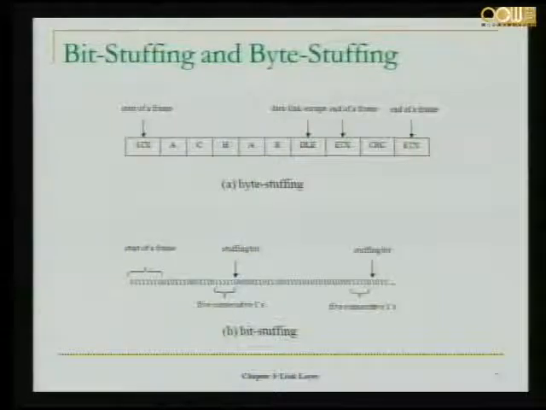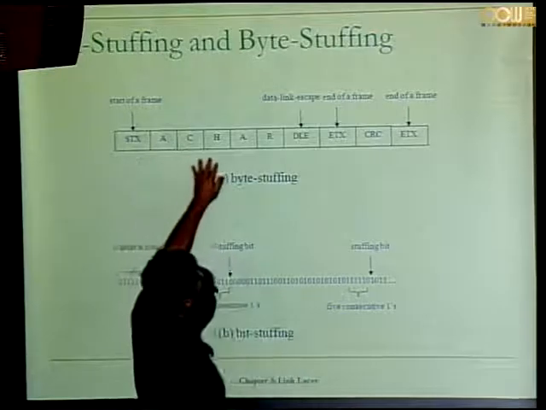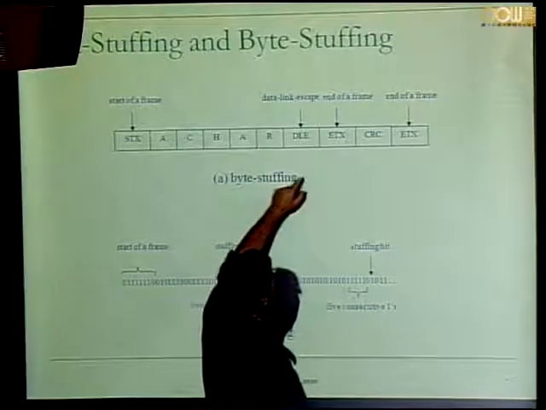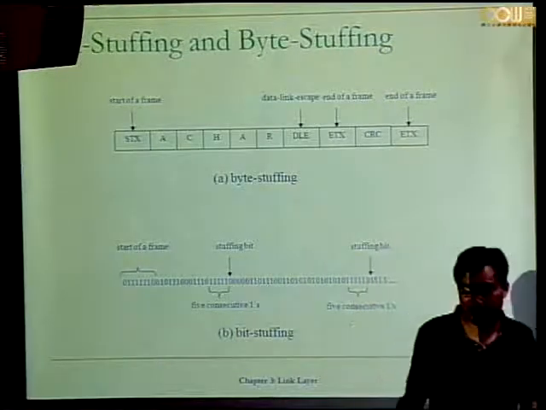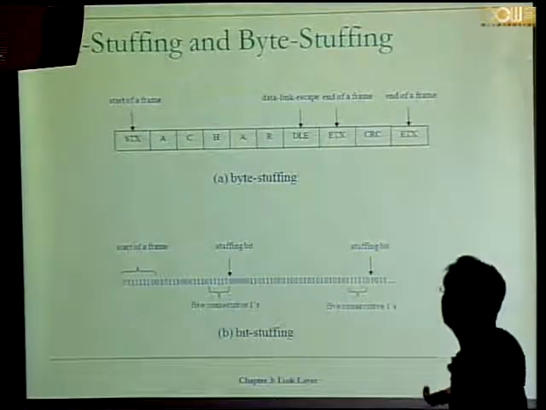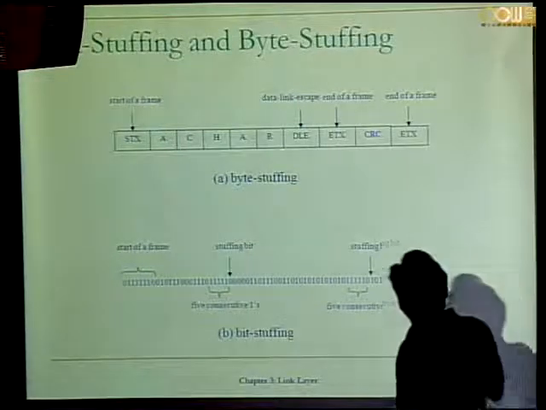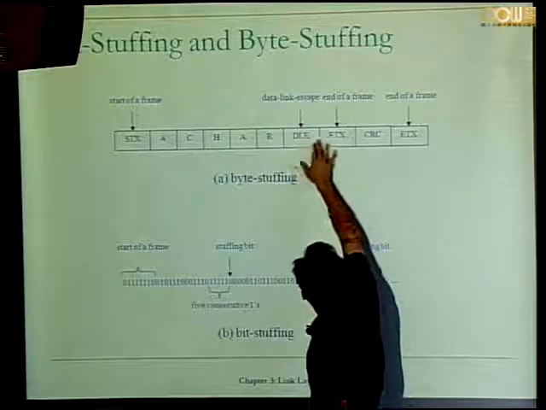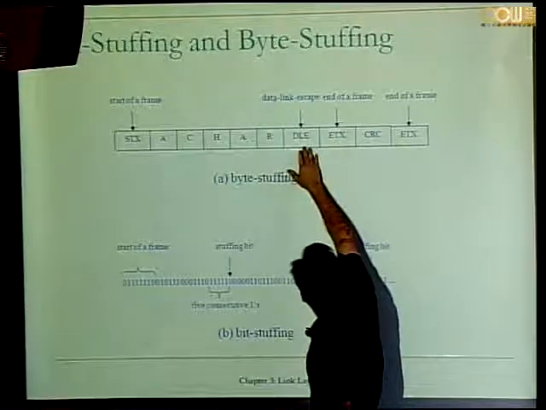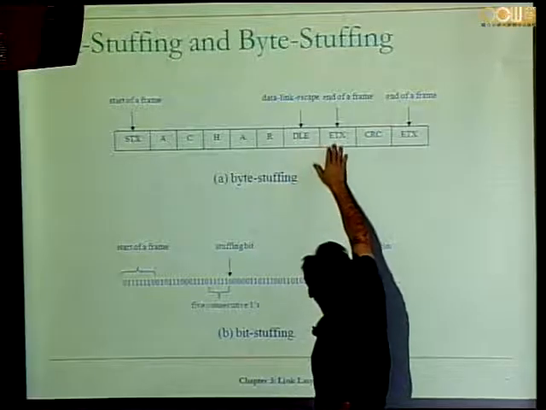So you have a frame. You send a frame, and the end of the frame will be ETX, for example. ETX is a special character. What happens if it happens in the data? Then you need to put another character before the ETX.